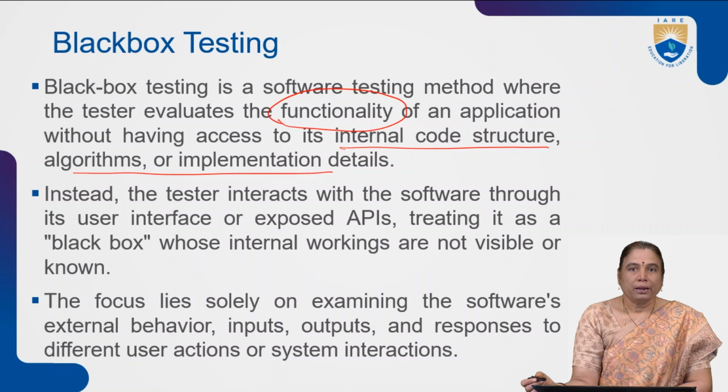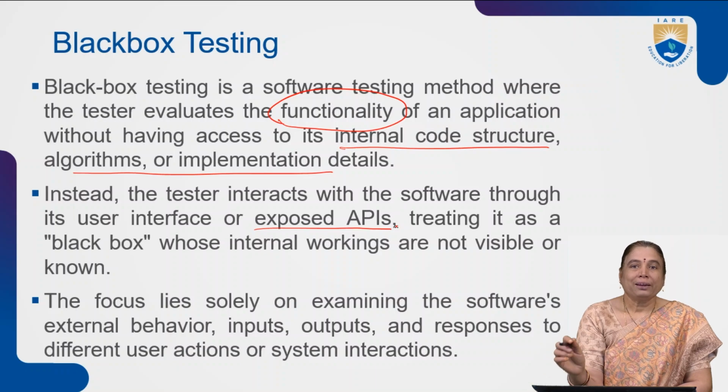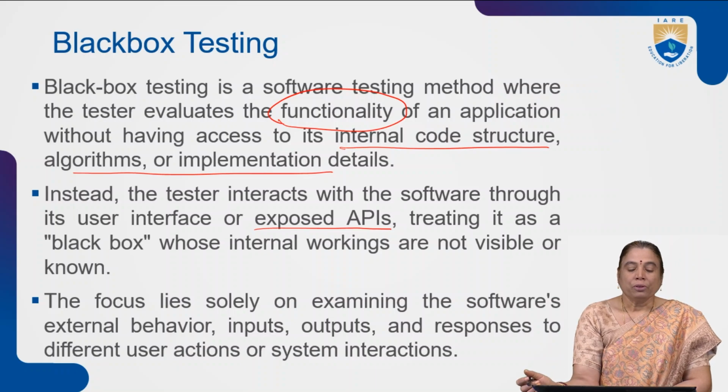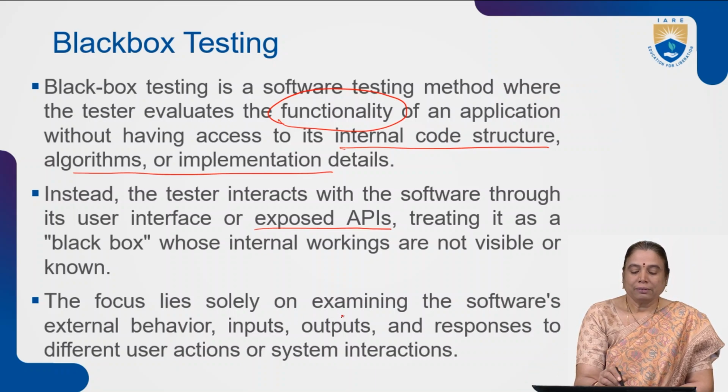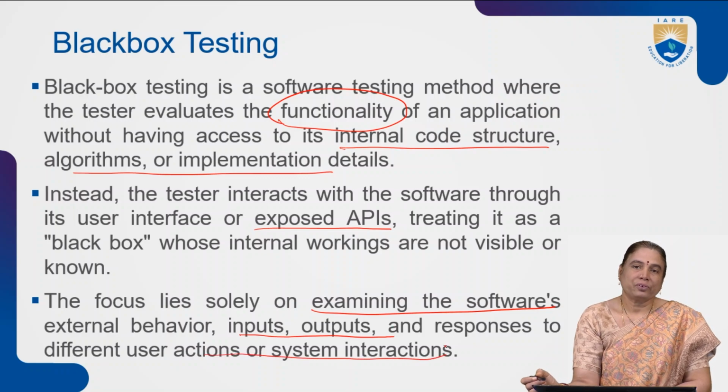Instead, the tester interacts with the software through exposed APIs, treating the internal working of the program as a black box. The focus lies on examining the software's external behavior, input-output, responses to different user actions, and system integrations.